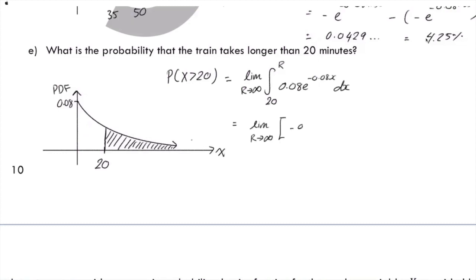Again, it's the exact same one. And now I'm going to sub in R and 20. Minus e to the minus 0.08 R minus e to the minus 0.08 times 20.